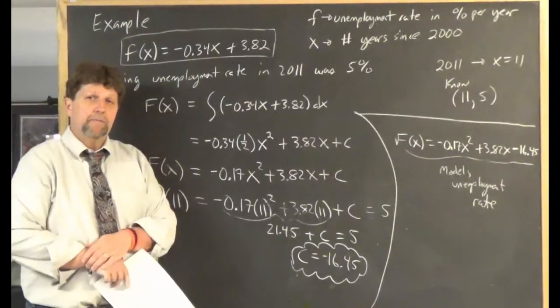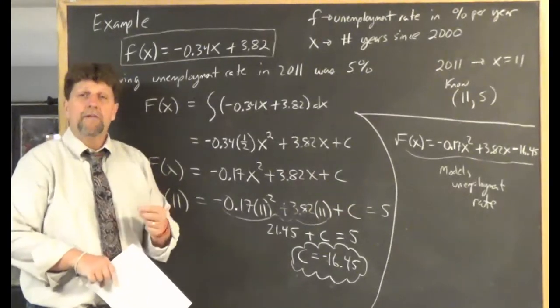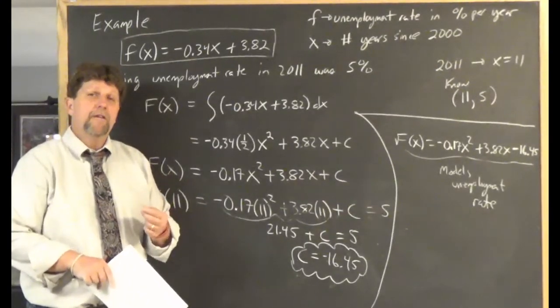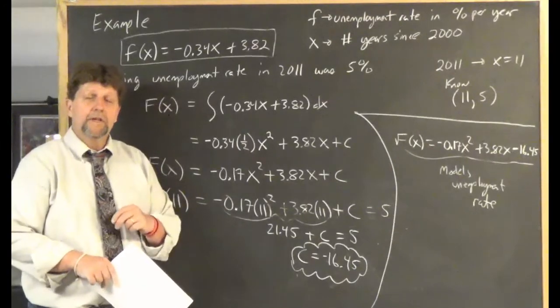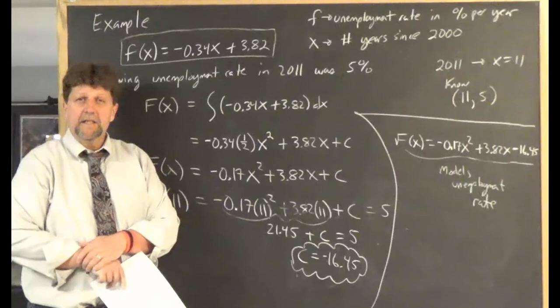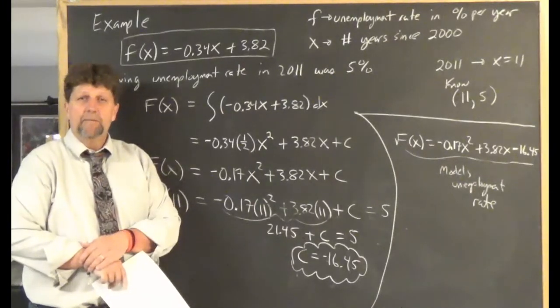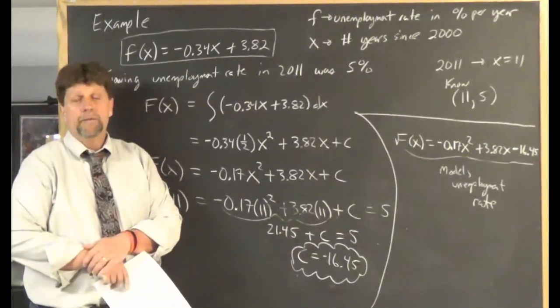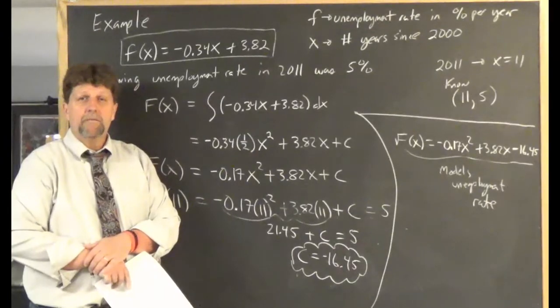I believe the example I want to look at is a marginal profit function and how we can recover the actual profit function if we know the marginal profit function. So let's head back to the slides to see what this next example is, and then we'll be coming back to the chalkboard to work through the example.